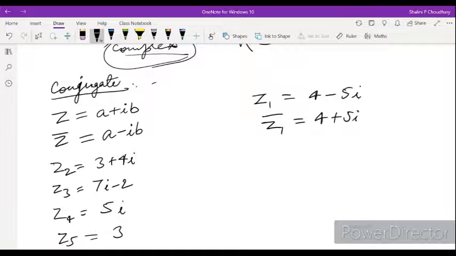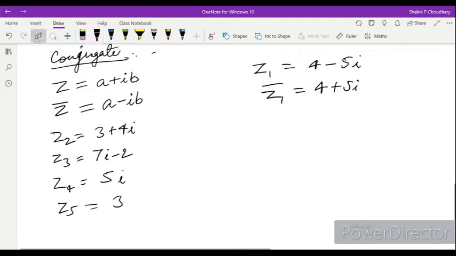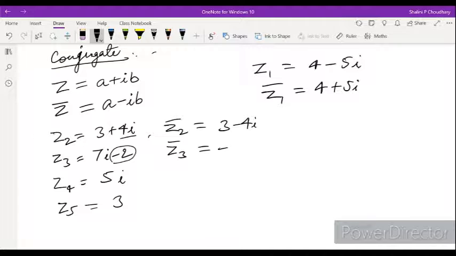So in this way, what will be the value of Z2 bar? The sign with i changes, so 3 minus 4i. Z3 bar, the conjugate of Z3: this is the real part, minus 2, so we'll write minus 2, and the sign of 7i changes, so minus 7i.